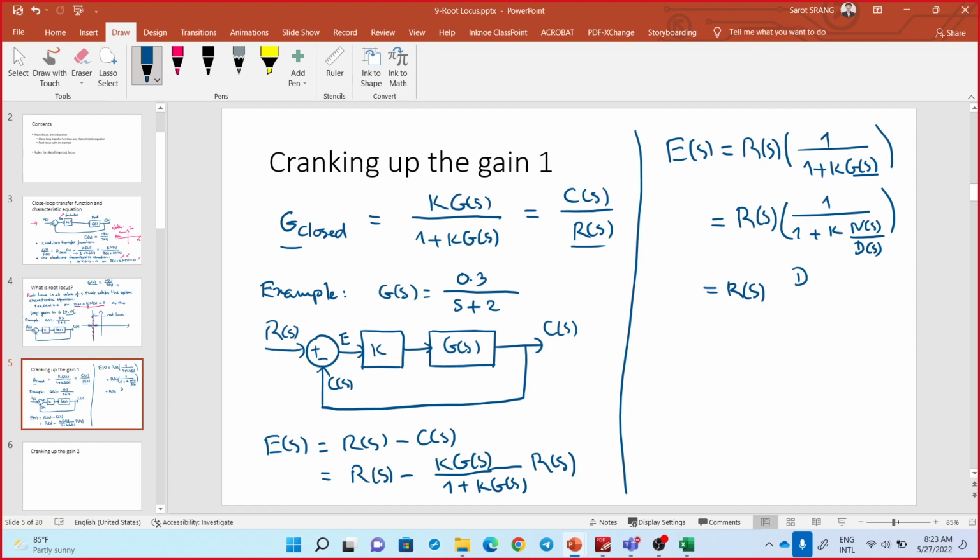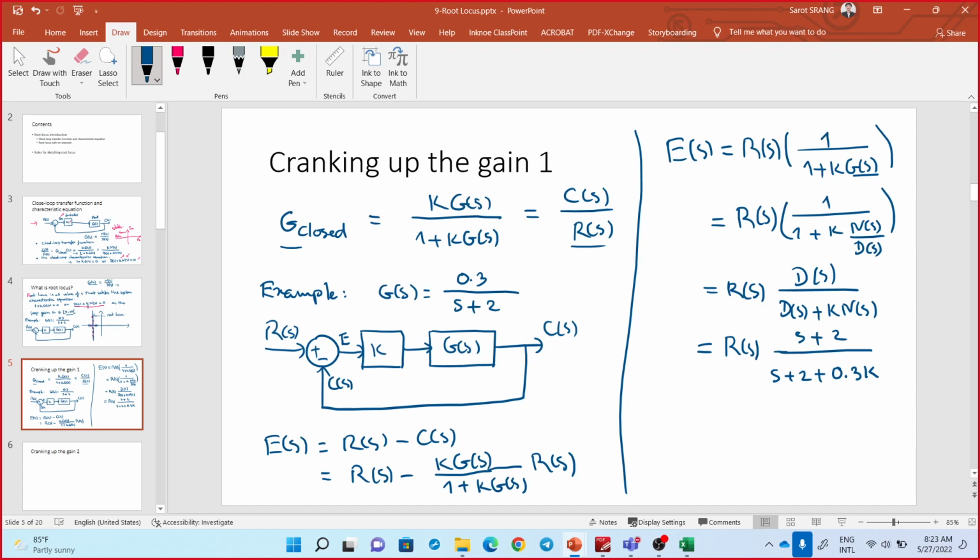With our example, we can have R of s times s plus 2 over s plus 2 plus 0.3k, right?